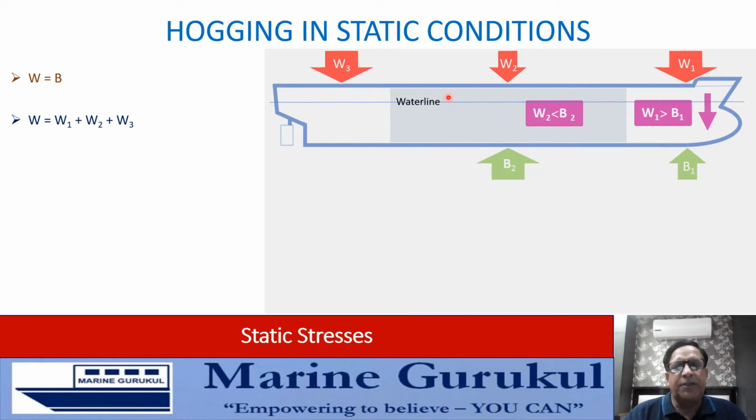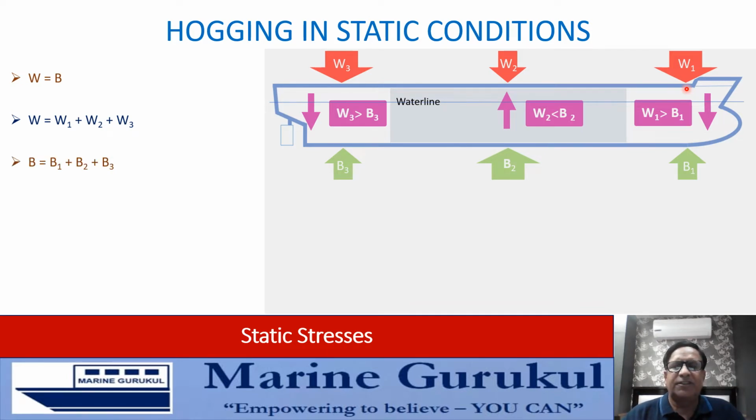Therefore, the midship region is going to experience a resultant of upward force. Why? Because W2 is less than B2. Likewise, in the after part, we are assuming that B3 is less than W3, and therefore there is a downward resultant force in the after part.